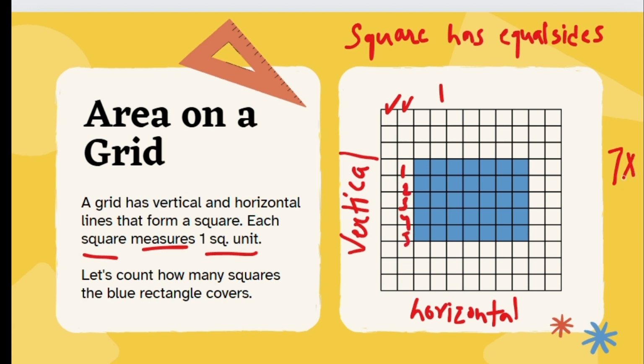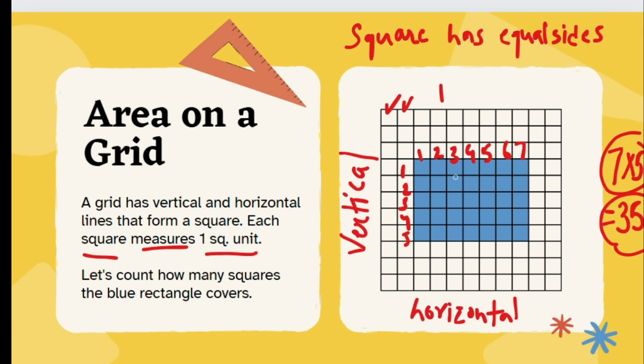So you just have to multiply and we get the answer, that is 35. So 35 squares are there. Instead of counting all the squares, you just have to count vertical and horizontal squares, and then multiply, and that will be the total squares it covers.